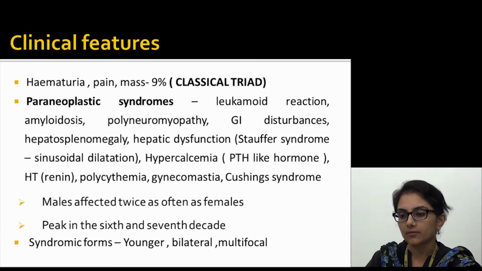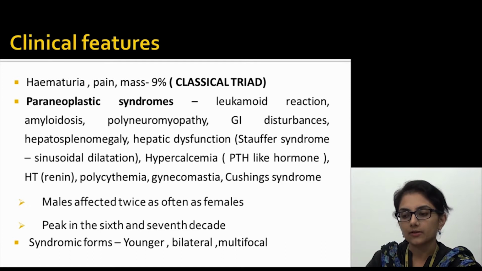Patients could present with polyneuromyopathy, hepatic dysfunction, GI disturbances, hypercalcemia due to release of a parathyroid hormone-like protein, hypertension due to renin production, polycythemia due to erythropoietin production, gynecomastia, or even Cushing's syndrome.